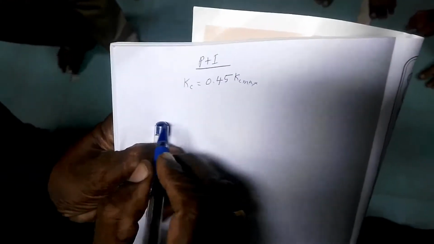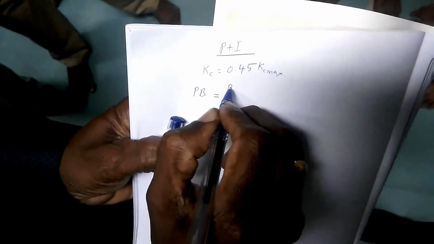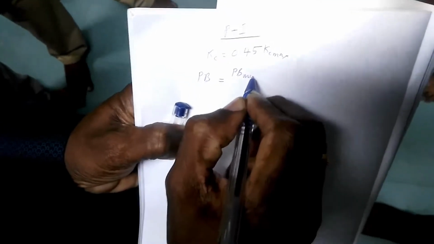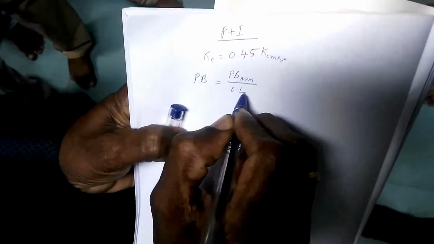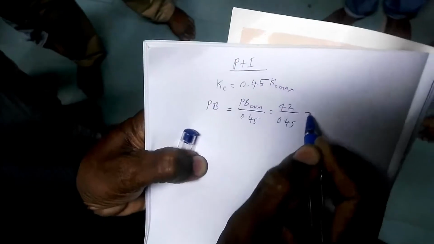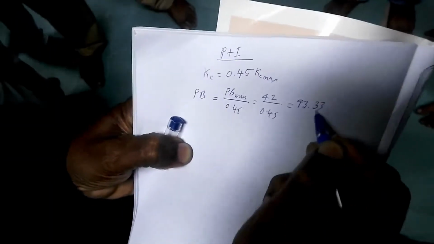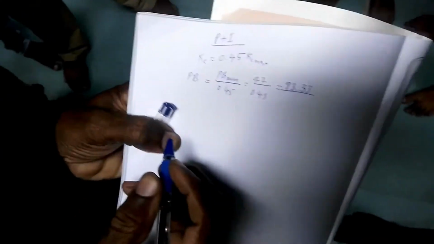If you want to write it in terms of PB, PB equals PB min divided by 0.45. PB min is 42, so 42 divided by 0.45 is 93.33. So PB equals 93.